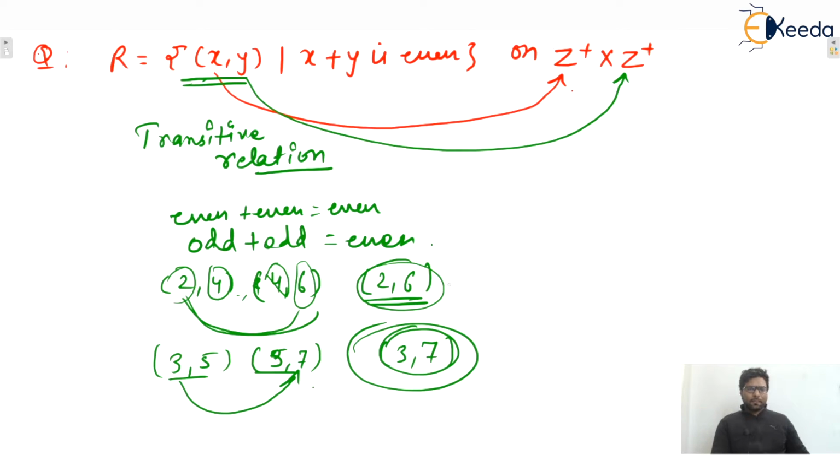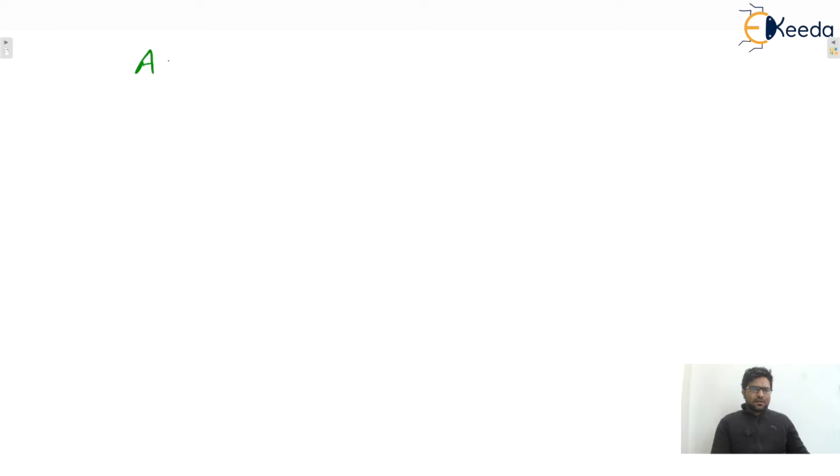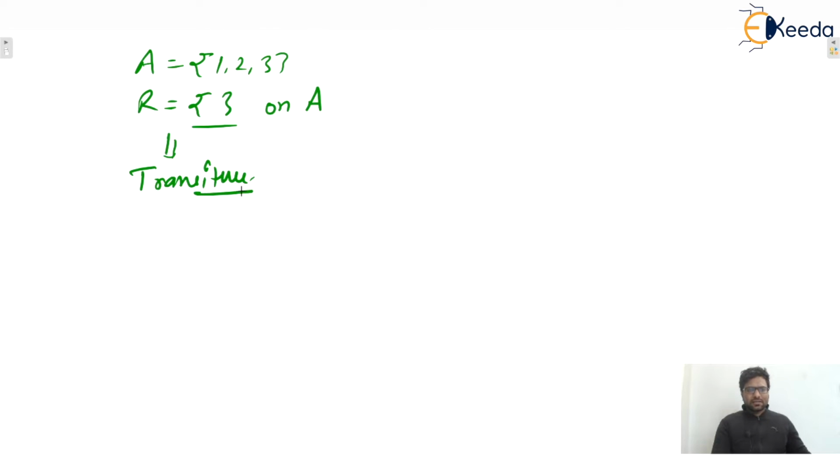Now you tell me, in a generalized way: let's say one set is given to you, 1 2 3, and one relation, the empty relation on A. Is that transitive or not? Yes, this is transitive. Why? Because the definition says that if x is related to y and y is related to z, then x must be related to z.